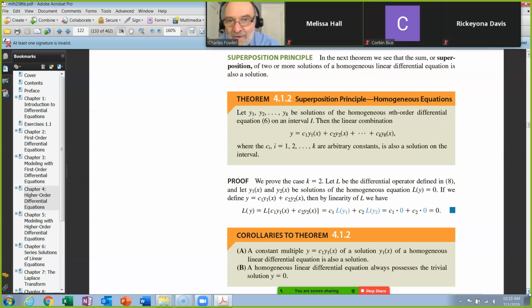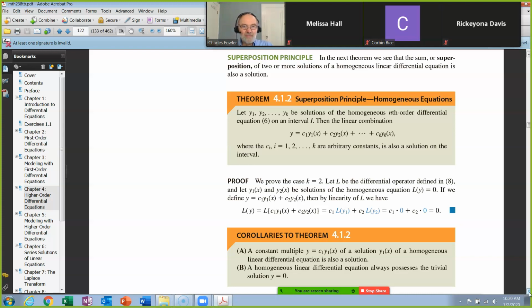Okay, here is an important one you do need to keep up with: the superposition principle. Now we go to 10:45, so we have a little under a half hour to go. Let's see what we can get done. In the next theorem, we see that the sum, or think superposition, of two or more solutions of a homogeneous linear differential equation is also a solution.